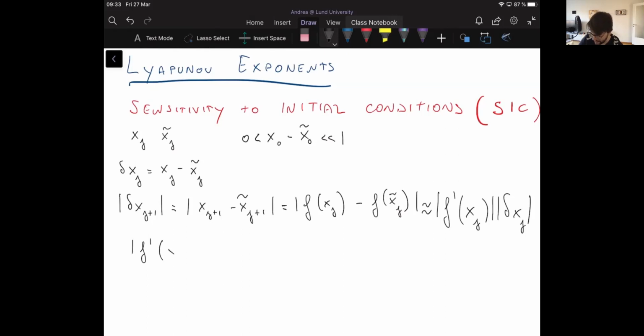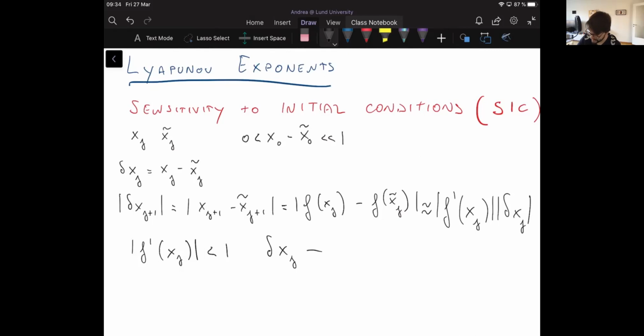an absolute value of the derivative of the map at the fixed point determines that the fixed point is an attractor. In the same way, the derivative of the map at any given point, if it's less than 1, determines that this delta xj will get smaller and smaller.